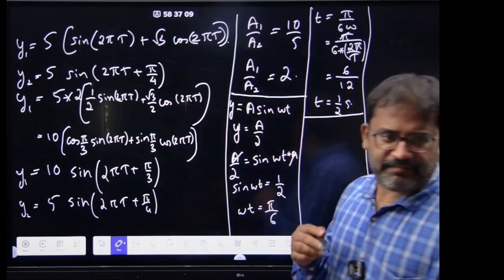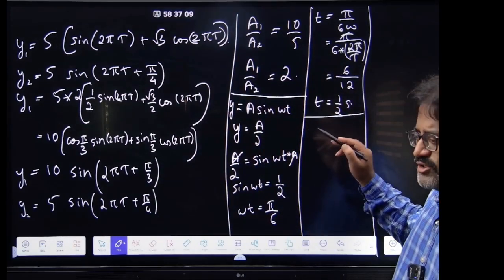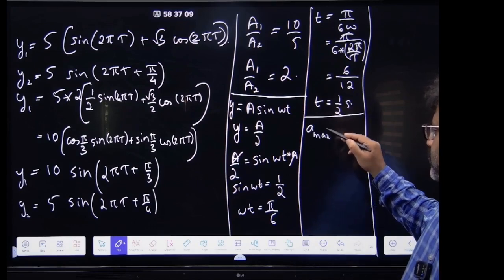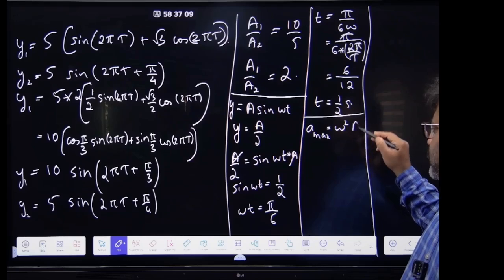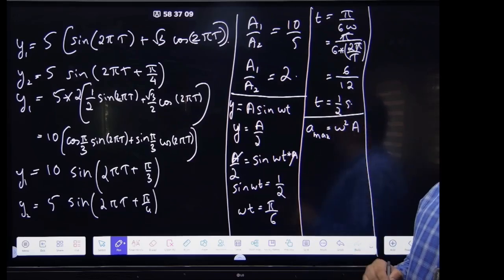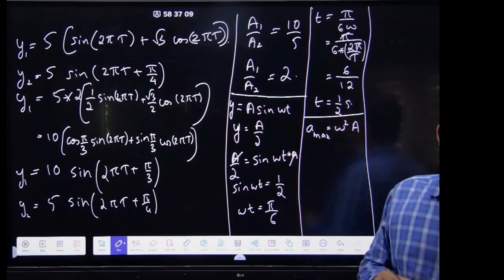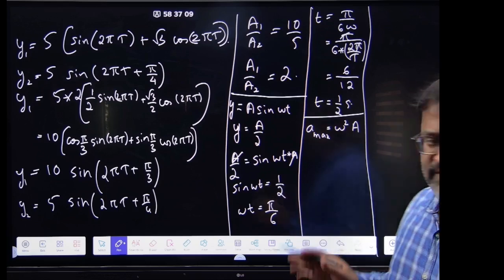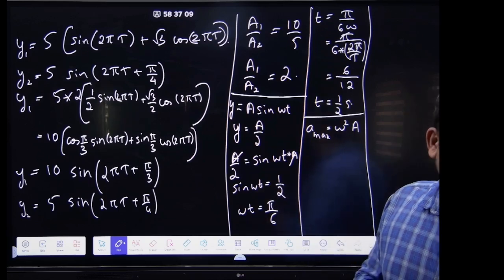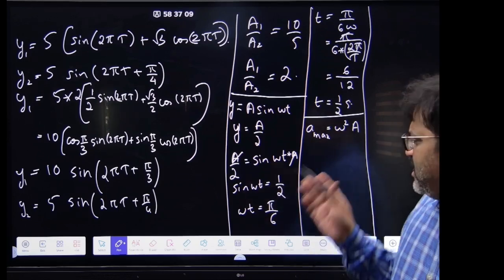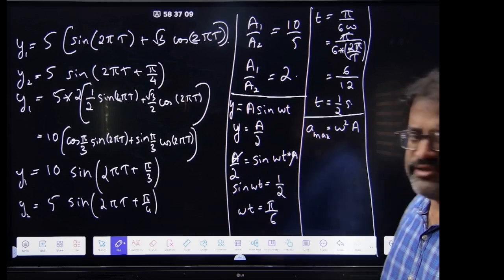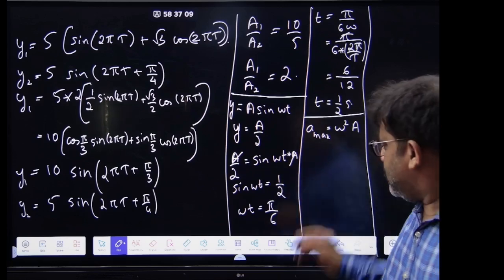So remember here, maximum acceleration A max is equal to omega square A, where A is the amplitude and omega is called angular velocity or angular frequency. Unfortunately we don't have time, so I can't explain the meaning of this equation, so we can just take it as omega square A. Now what is omega?